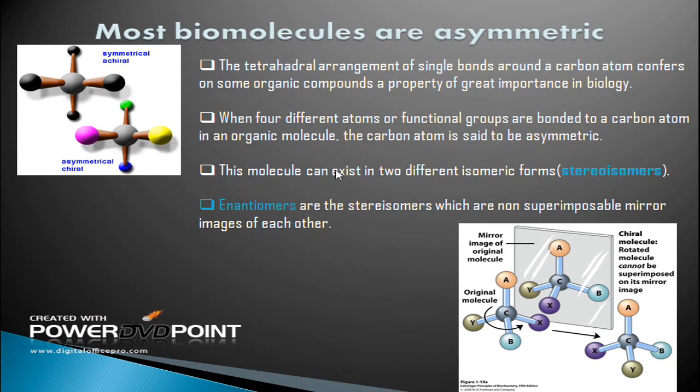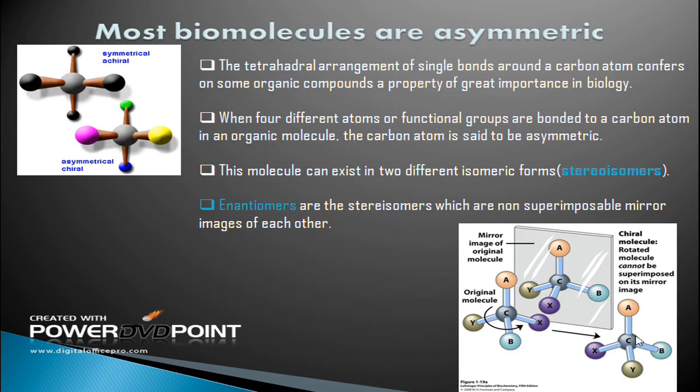This molecule can exist in 2 different isomeric forms, that is stereoisomers. And enantiomers are the specific stereoisomers which are non-superimposable mirror images of each other. Here, this is the original molecule. This is the asymmetric carbon containing 4 different groups, and this is the mirror image of the original molecule.